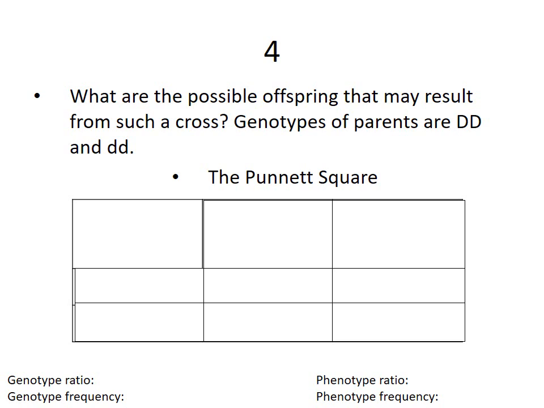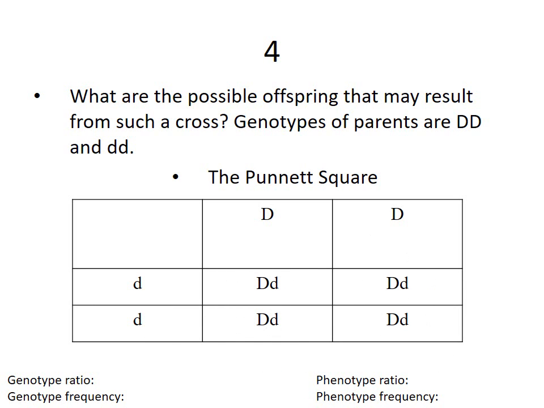And then I could ask you, what will the offspring be when you do this cross? So you can do a Punnett square. You can put one parent on the top, big D, big D, one parent on the side, little d, and then combine all the gametes together, and you get your 100% big D, little d. So for the genotype frequency or proportion, we have 100% big D, little d.